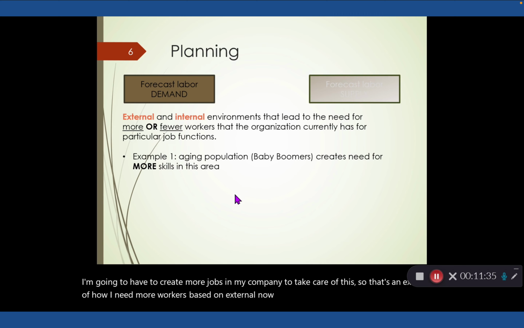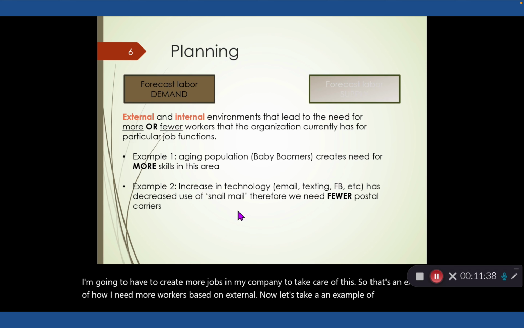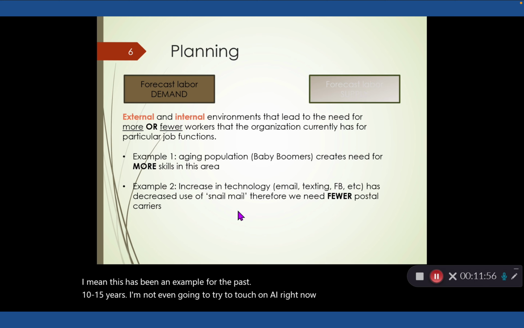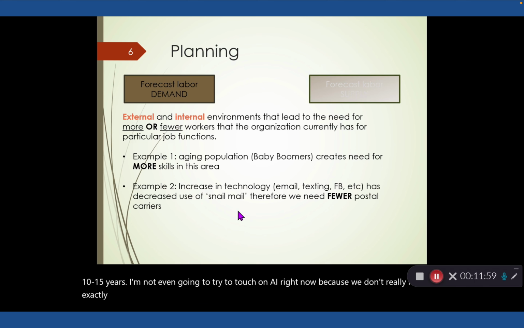Now let's take an example of where we might need fewer workers. So we definitely have an increase in technology. I mean, this has been an example for the past 10, 15 years. I'm not even going to try to touch on AI right now, because we don't really know exactly how AI is going to be replacing jobs or enhancing jobs. It is definitely a hot topic.